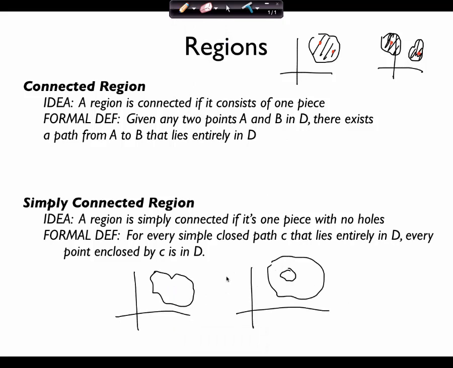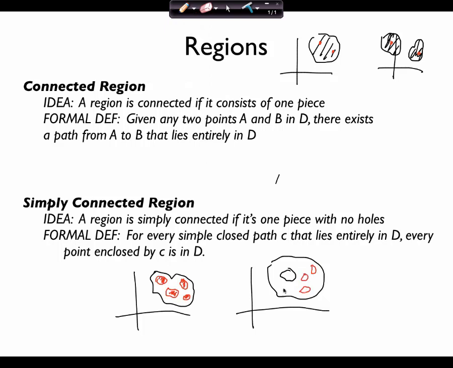Formal definition: for every simple closed path C that lies entirely in D, every point enclosed in C is in D. So every single loop I could make that lies entirely in D means that the interior of that little loop is also all in D. How is that violated in a non-simply connected region?